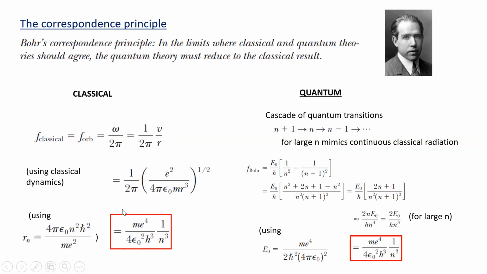Okay, so this is an example of the correspondence principle, by looking at the quantum emission at large index of the stationary state, or what we call large quantum number, and the classical prediction, they should agree.